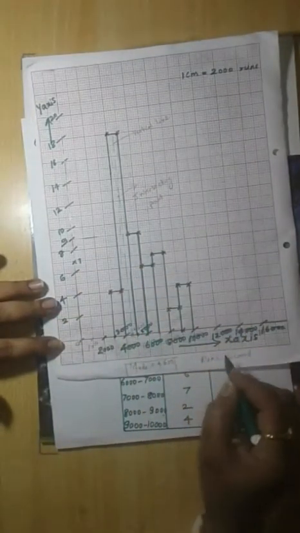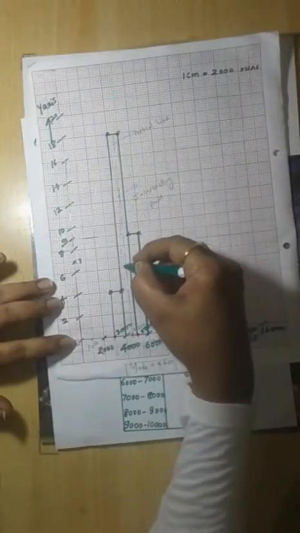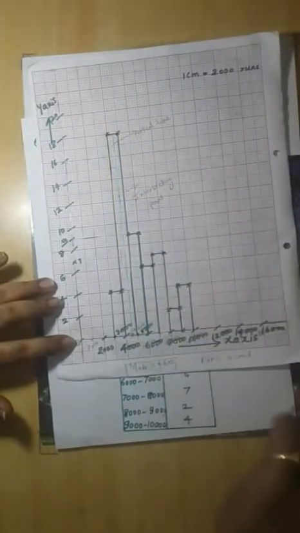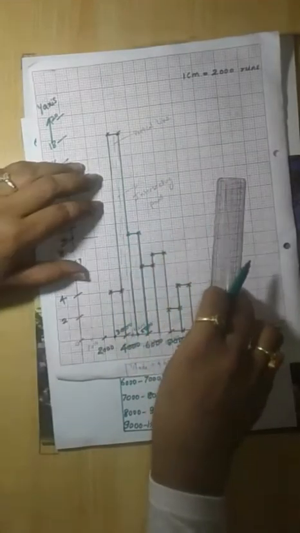So just to find the mode, we are supposed to consider the highest value of the histogram. So this will be the highest value of the histogram. So these two, that is previous point and the next point, we are supposed to join.